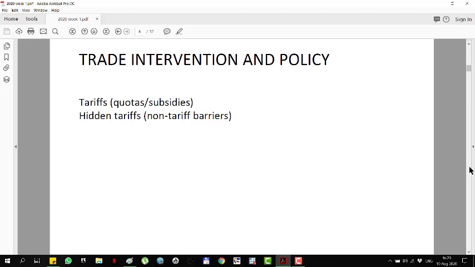In terms of trade intervention and policy, our main focus here will be tariffs, quotas, and subsidies, mostly in relation to countries. And then we also look at something like hidden tariffs, or non-tariff barriers, and we'll find that this is the main problem you will find with Africa.